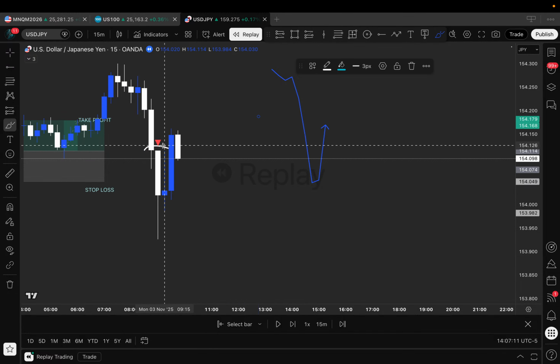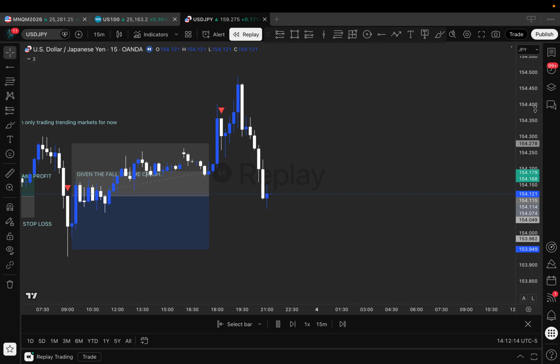Just because I like shorting, I go short and I don't mind losing. But that is what I should be working on myself. So we continue. We don't short here given it's a bullish market and we don't have a stop loss to place. Okay, so this is what happens.